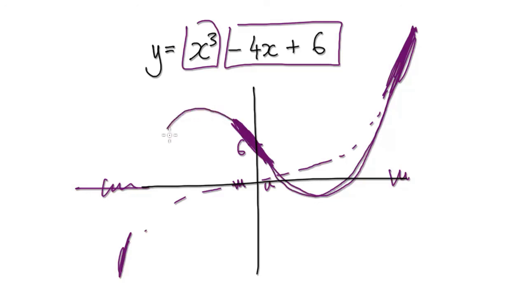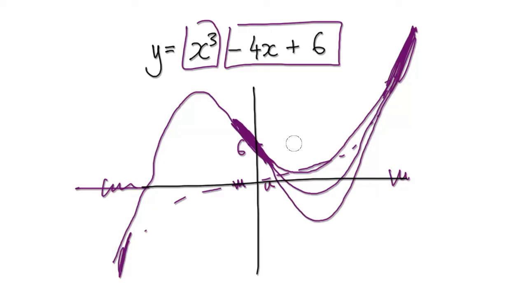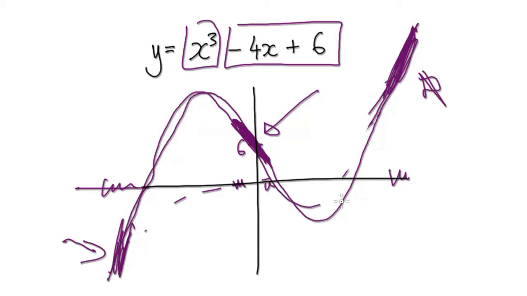So here, go up slightly and then down, and then here go down and then up. Remember, the turning points could be anywhere. It could be above the x-axis or it could be below. At this moment, we can only guess. So it doesn't matter which way you do it. What's important is that it goes through this straight line, and it has to be going up, and it has to be going down around here. So if you were to sketch this, it would be something like this. Okay.